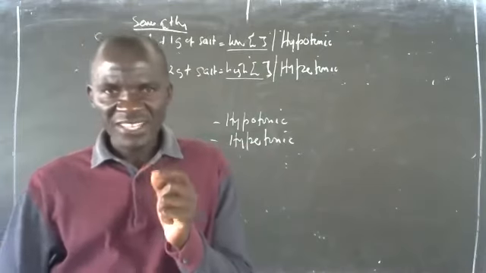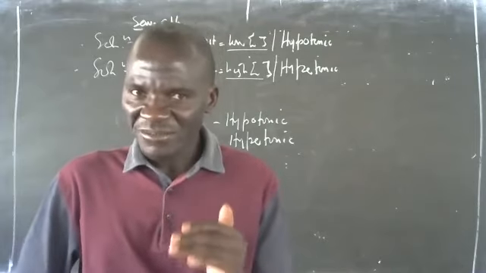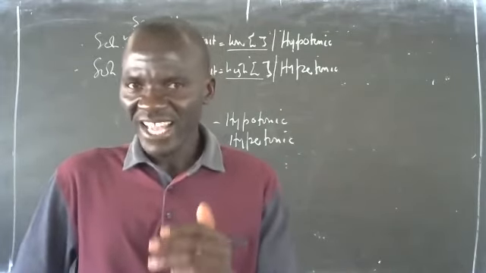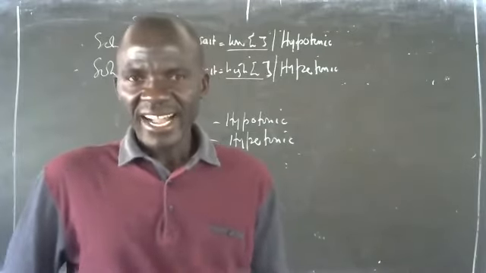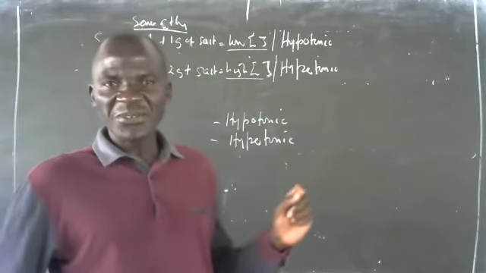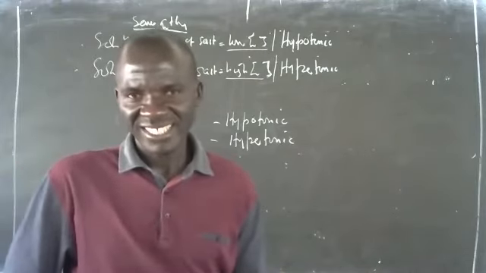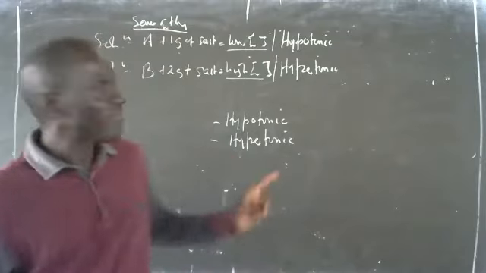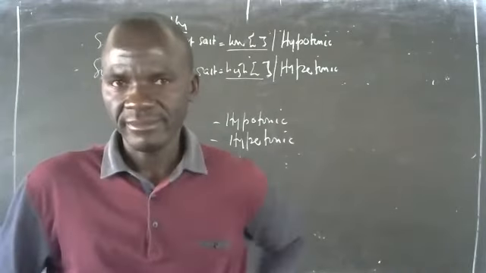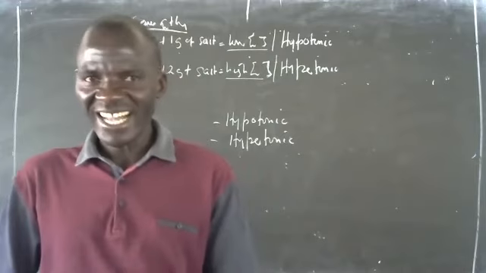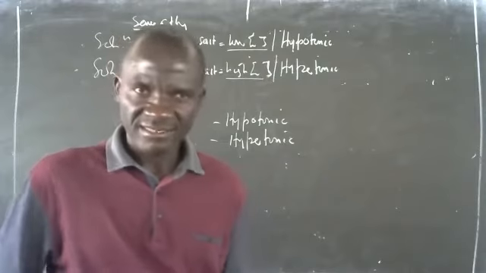It's more meaningful if there are two, because that word is comparative. B can be hypertonic to A, but if you have a third solution that contains more solutes, then it can be hypertonic to B. So these terms are relative. It is comparative compared to the other.